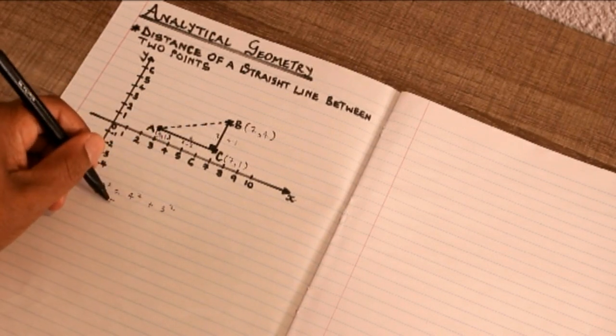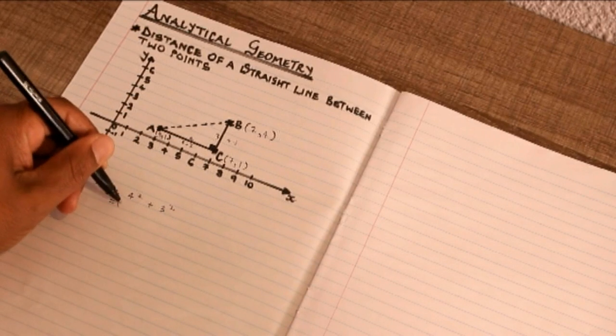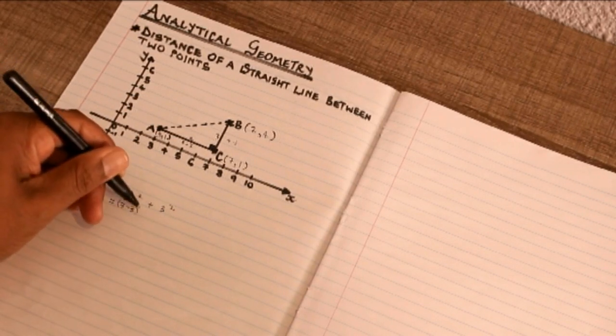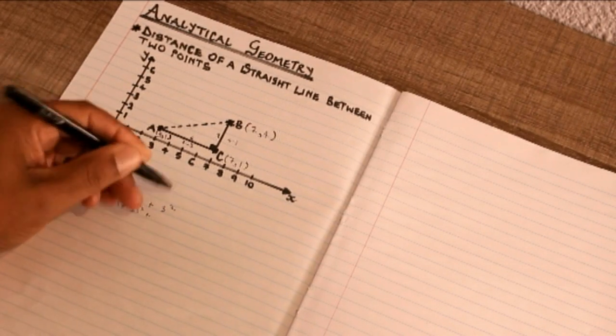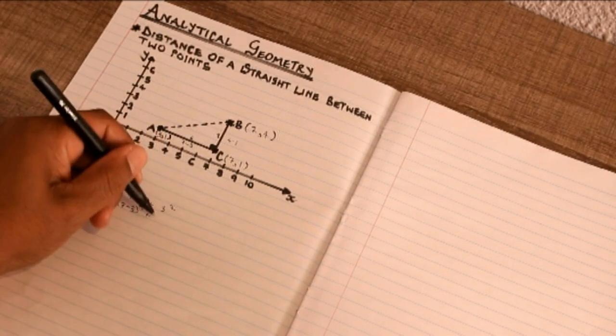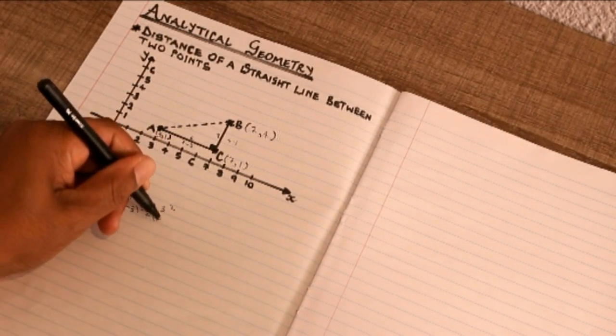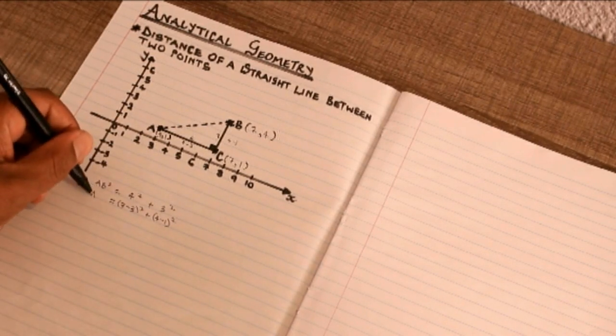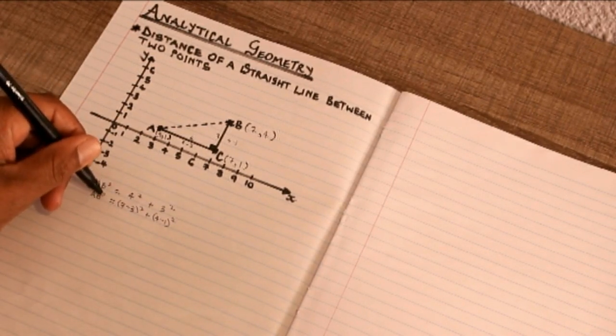How did you get the 4? It is 7 minus 3, that is squared, plus, how did you get the 3? It is 4 minus 1, which is squared. Now that gives us AB squared.